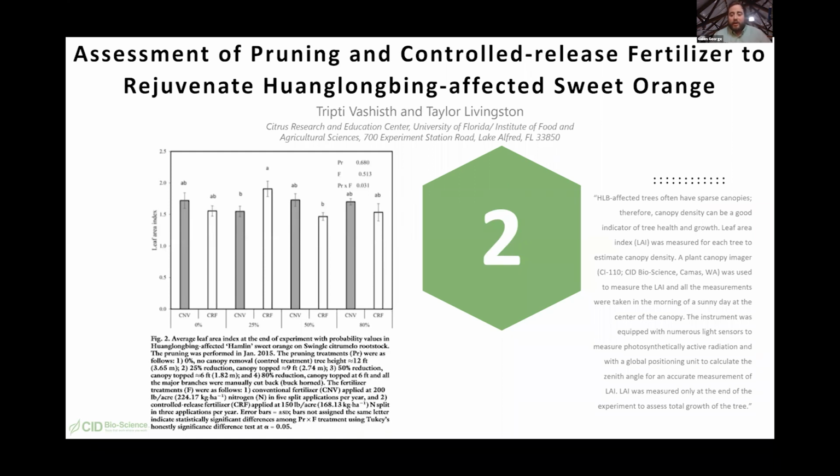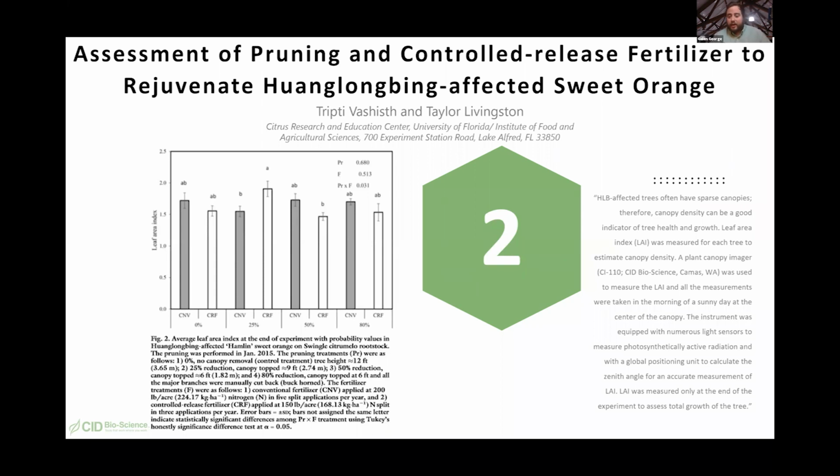And so they used the CI-110 to look at the leaf area index as an estimate for canopy density, in order to determine how much canopy density to eliminate in their studies. So they did, I think, 4 different treatments: 0%, 25%, 50% and 80% reduction of that canopy.